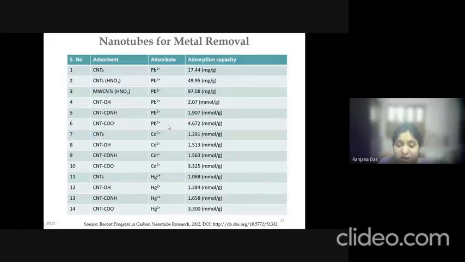Groundwater. If the groundwater is contaminated by some heavy metals, then you can use a CNT-based system for removal of these heavy metals from the water, and you can have safe water. So CNT-based units we can prepare for having safe water which is free of heavy metals.